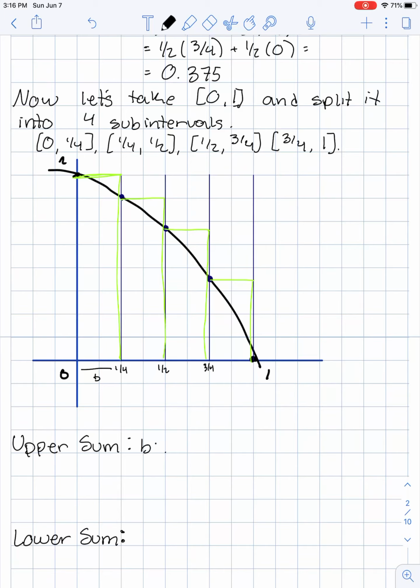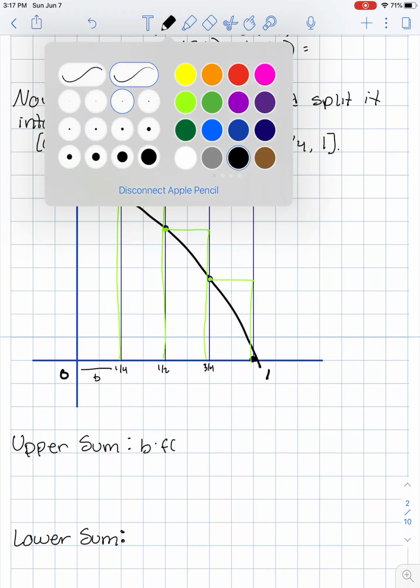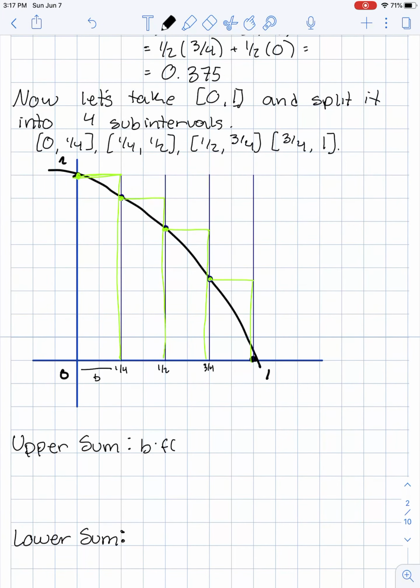So if I'm going to do my upper sum, I can see that f of 0 is the larger one out of the first rectangle, and f of 1/4 is the largest in the second. 1/2, 3/4, and those are our 3 points. Note you're choosing the max at the endpoints, not the max over the subintervals 0 to 1/4, 1/4 to 1/2.